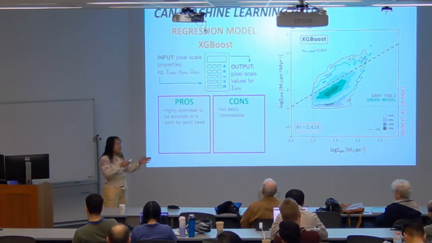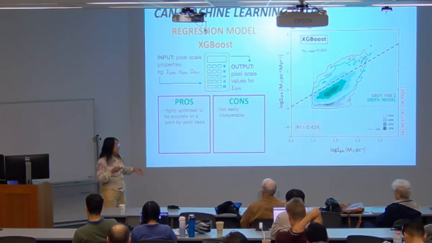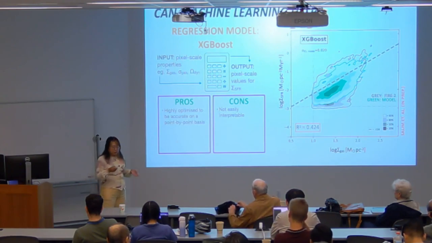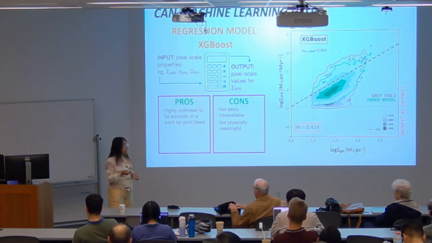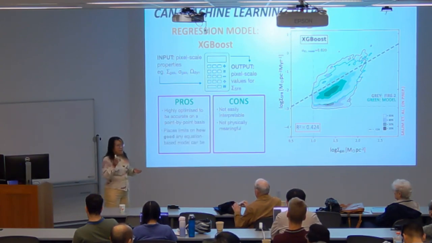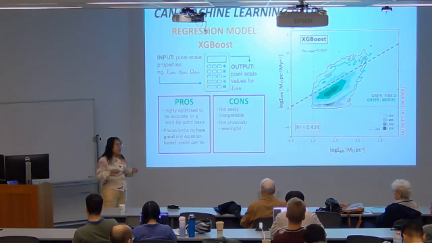However, the mapping between the input variables and output variables is lost in how it works, so it's not easily interpretable and therefore not physically meaningful for us as physicists. However, it does place a good limit on just how well any equation-based model can be, because it's not constrained to having to be expressed as an equation.